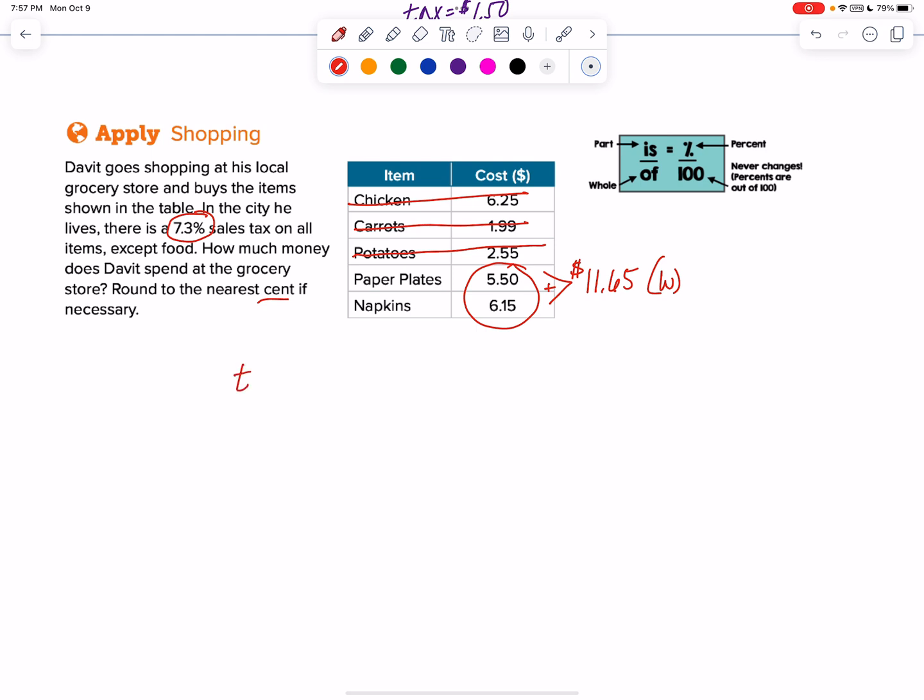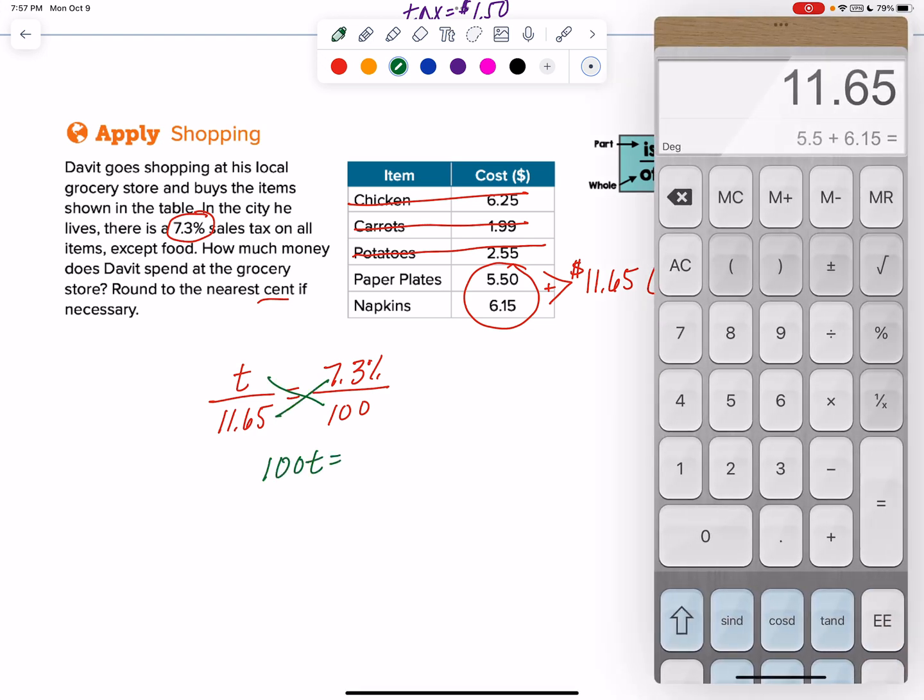Okay, so I have my tax as money that I don't know. I know my whole cost was $11.65. This is sort of like a subtotal if you think about a store receipt. Do you know the percentage? Yep, and it's always out of 100. We can do our means extremes. 100T equals whatever 11.65 times 7.3 is.